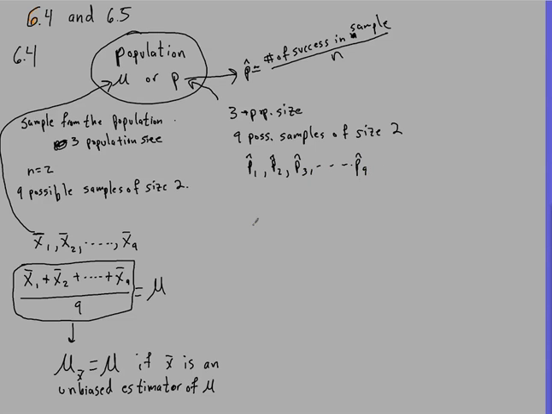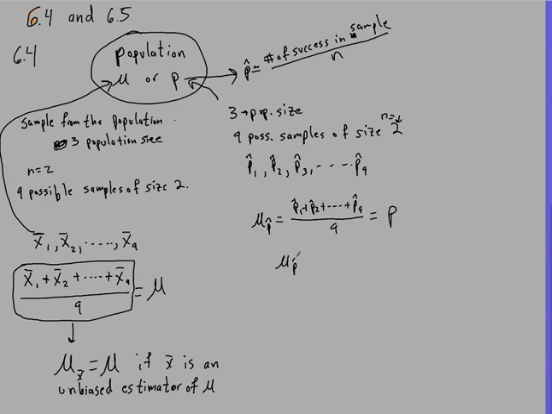If you take the average of all these p hats, p hat 1 plus p hat 2 all the way to p hat 9, where every p hat gives me a percentage from the sample with n equals 2, this is going to be equal to the population percentage. So the average of all the sample proportions is equal to the population proportion.